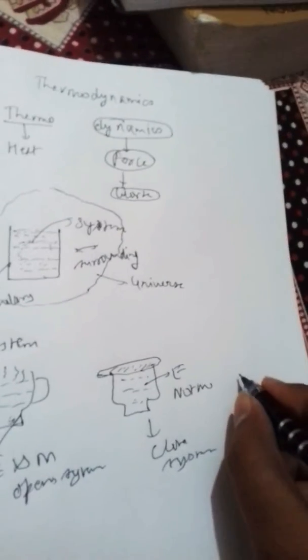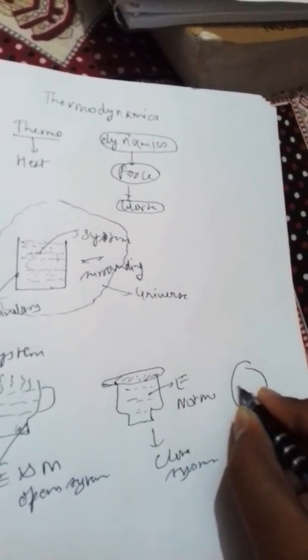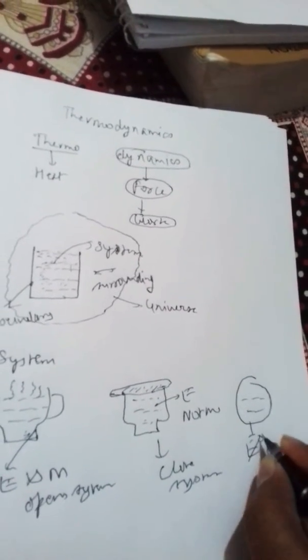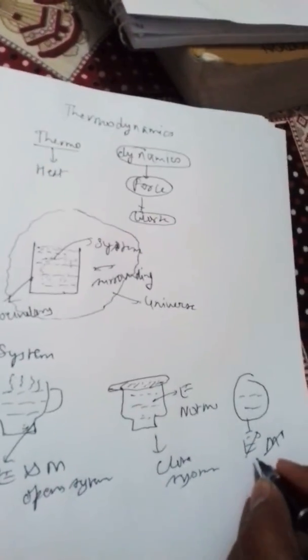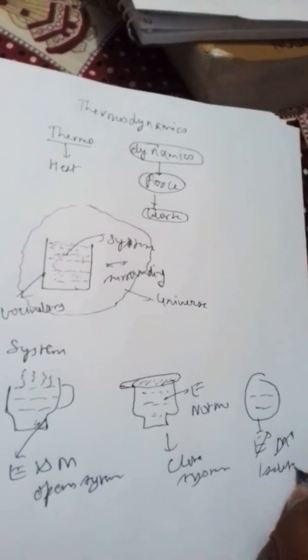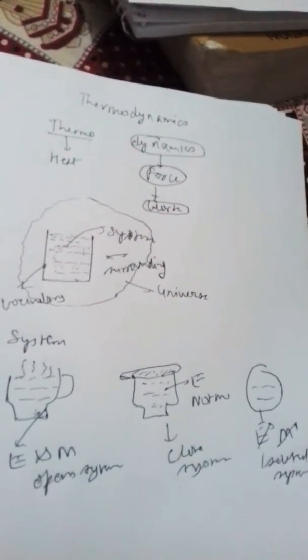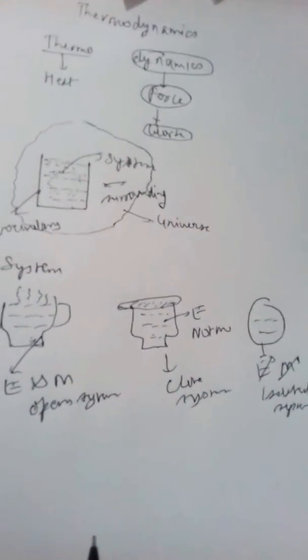Now, a system in which neither energy nor mass crosses the boundary is called an isolated system.